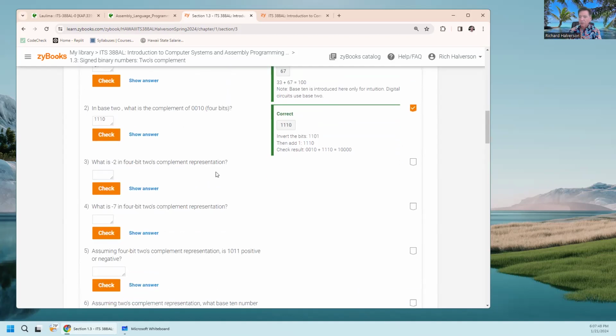What is minus 2 in 4-bit 2's complement representation? Well, 2 would be 0, 0, 1, 0. If we complement the bits, we get 1, 1, 0, 1. And then we add 1 to it, and we end up with 1, 1, 1, 0.